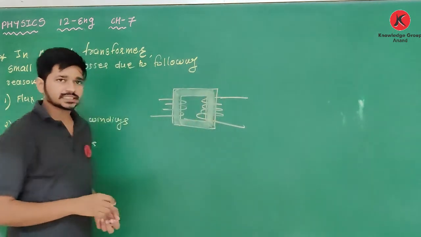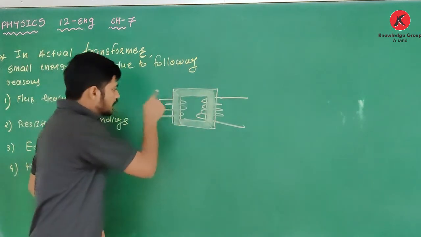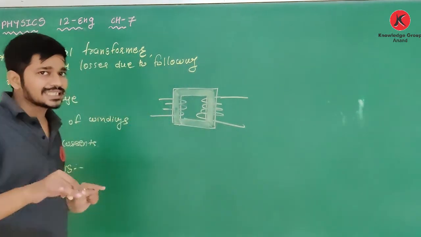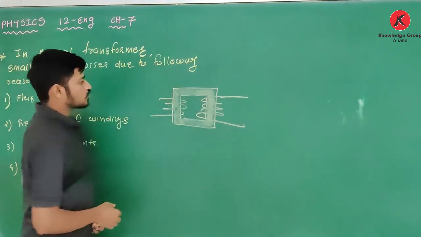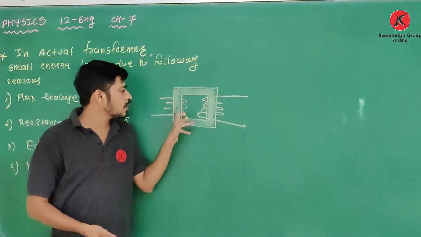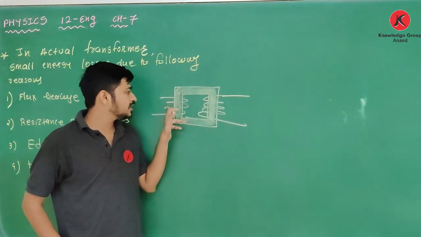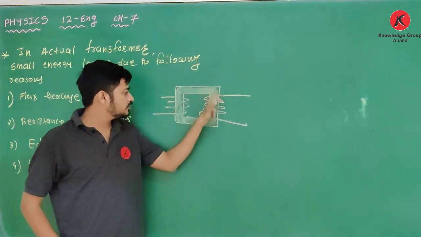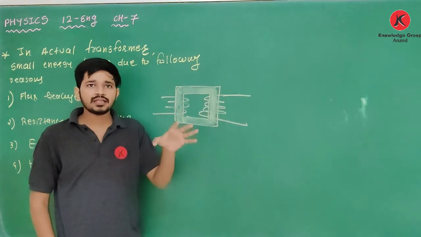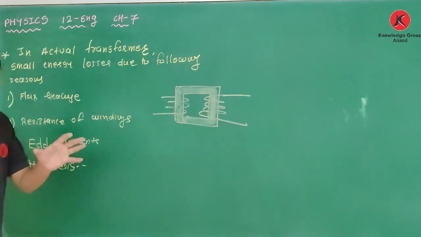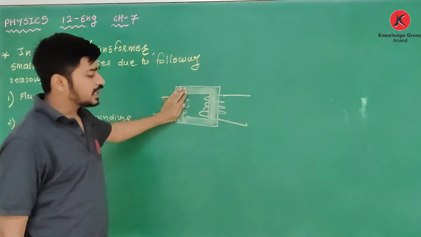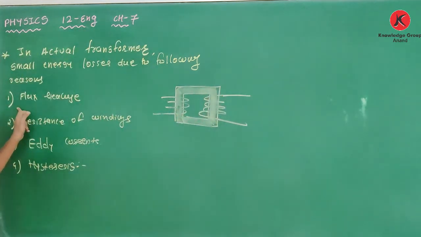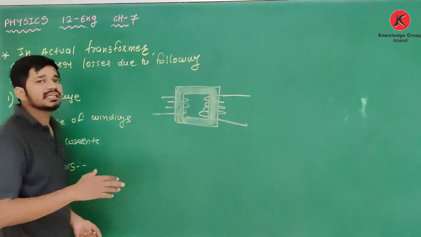Due to air space between the core and the coil, and the distance between the two coils, there is loss of flux. Whatever flux is linked in this coil is not the same in that coil, which means there is flux leakage.